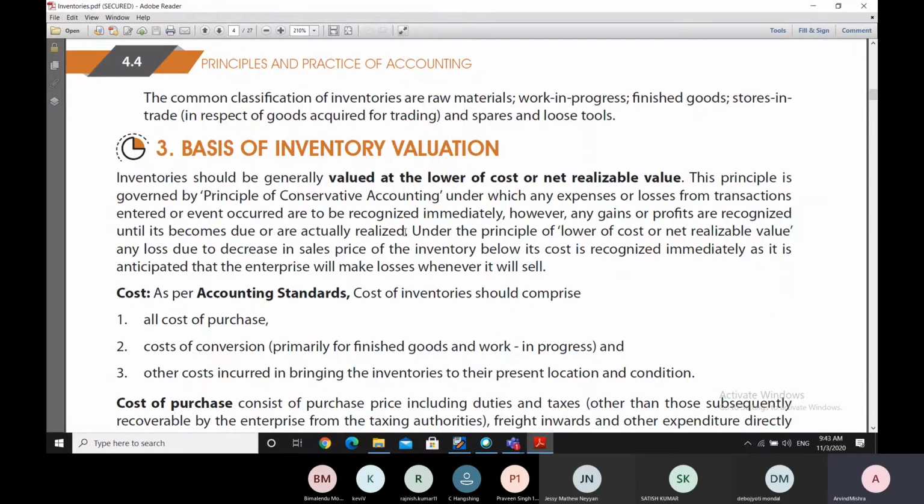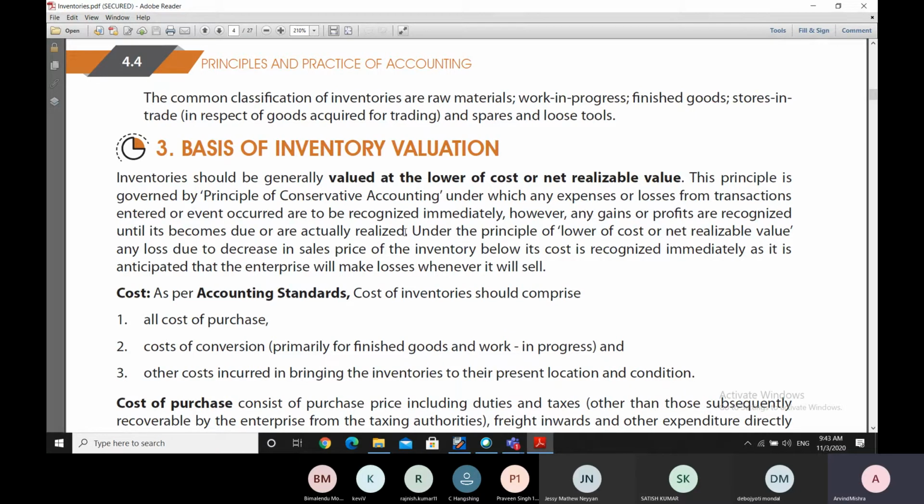So when we say the principle of lower of cost or net realizable value, this principle is based on the principle of conservative accounting. Under this principle, any loss which is due to the decrease in the sale price of the inventory below its cost is recognized immediately, as it is anticipated by the enterprise that the item will be sold at less than the cost.